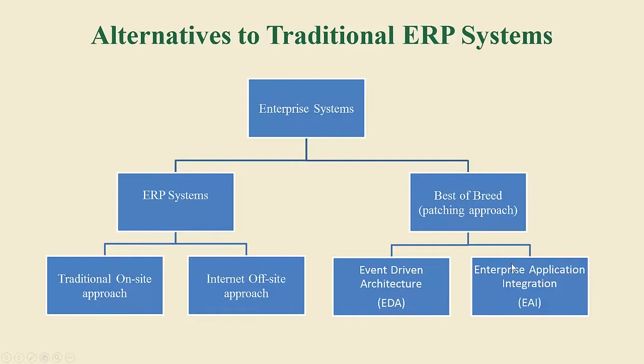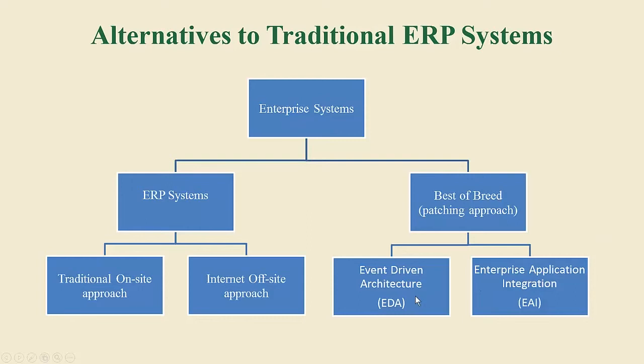And then they use advanced patching technology, programming, to either through the EAI approach or the EDA approach to connect all of those modules and software systems into a smoothly running enterprise system, automating, integrating all your business functions.